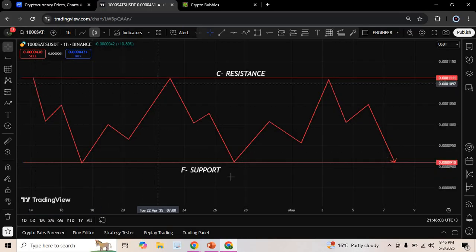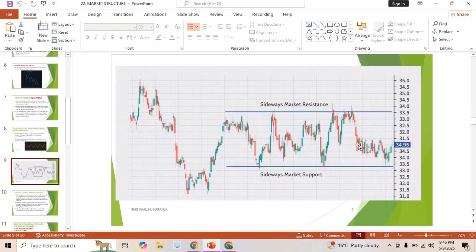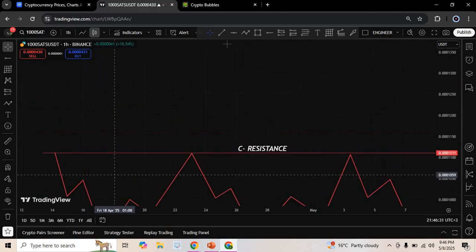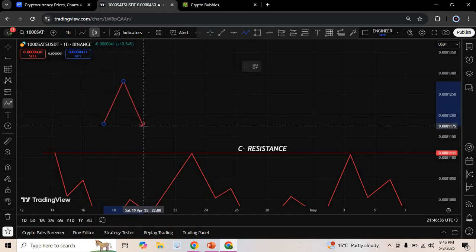So you don't expect to be perfect like this, but just understand that a choppy market or a ranging market is when the market is making a series of equal highs and equal lows. This can be illustrated by drawing support and resistance level, like we have done. So don't expect the market to look like this exactly, a series of equal highs and equal lows, but rather expect something like this, or rather what I've drawn right here.